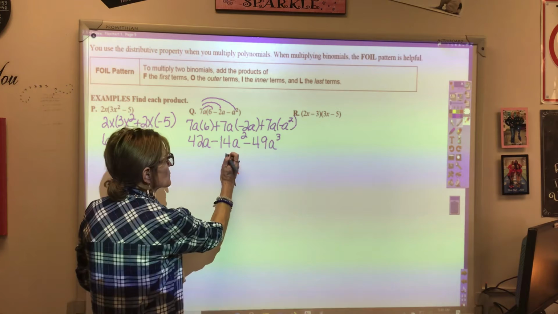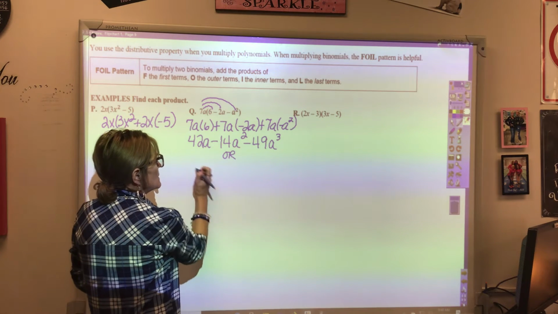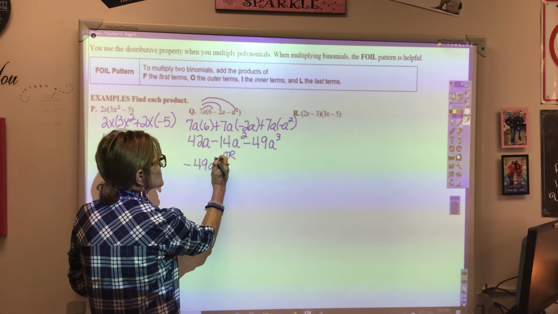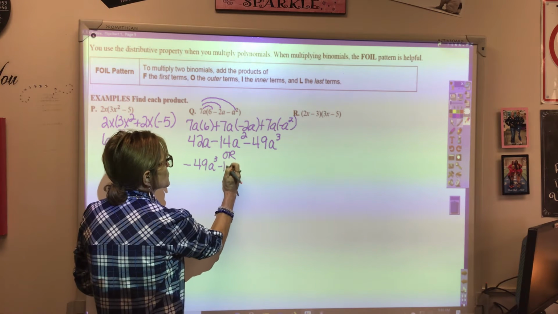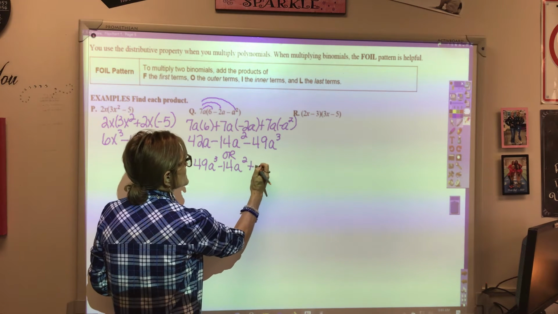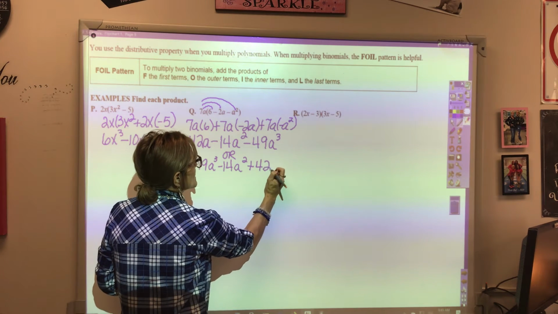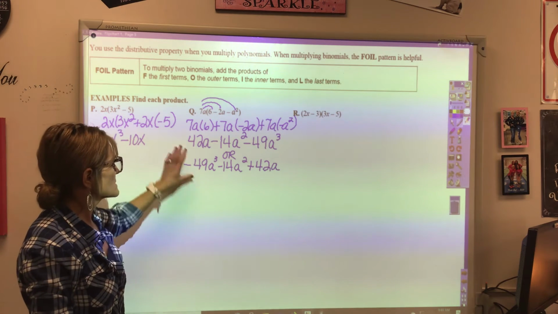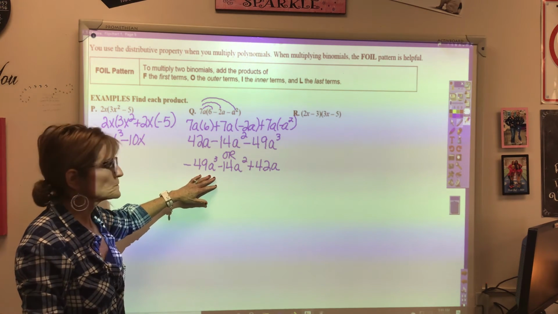So I'm going to write negative 49a to the third minus 14a squared plus 42a. So either way is correct. The bottom way is preferred.